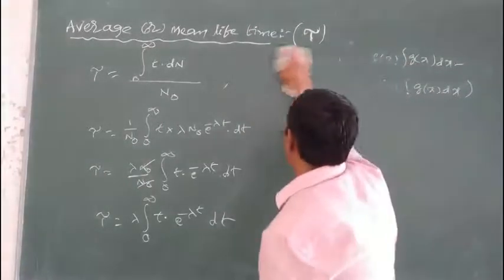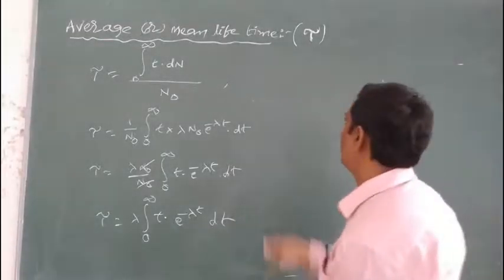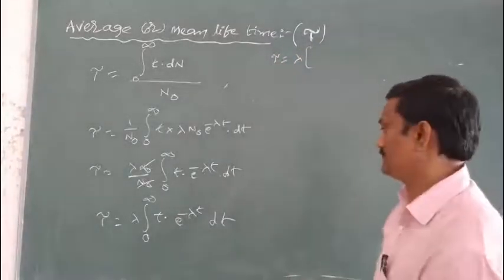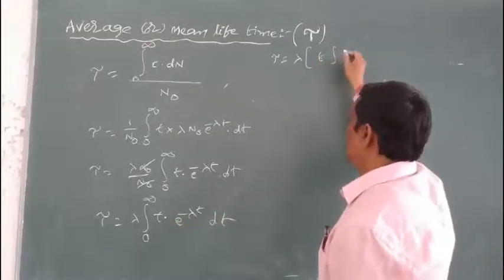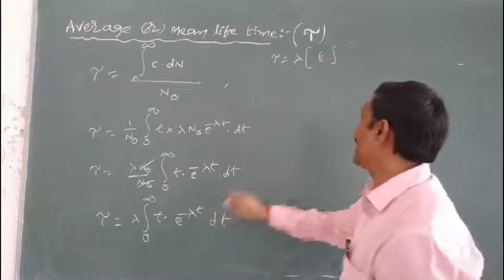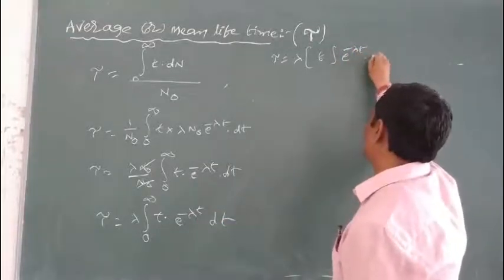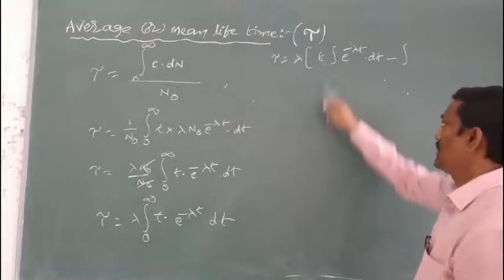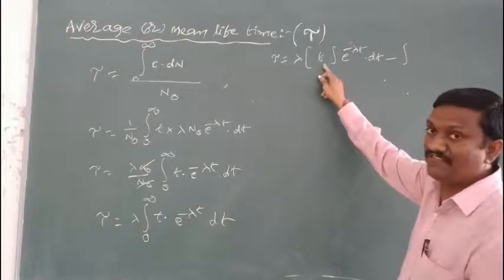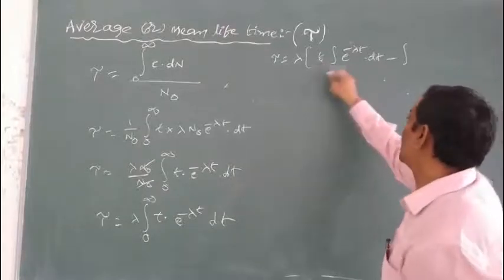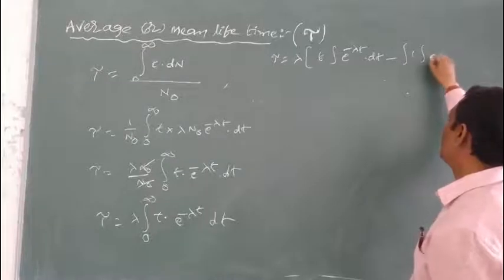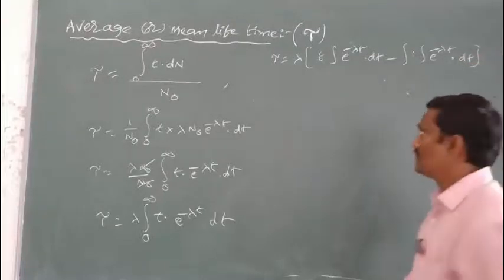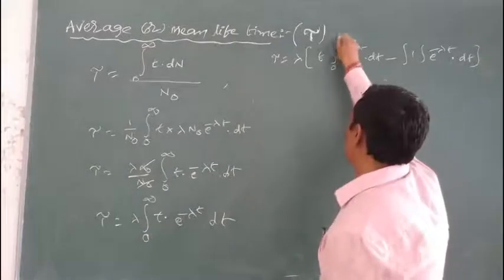So the average lifetime or mean lifetime tau is equal to lambda into the first function f(x), t, times the integral of g(x), which means e power minus lambda t dt, minus the integral of f'(x), the differentiation of t with respect to t, which is 1, and again the integral of e power minus lambda t dt. Simplify this, with integration limits 0 to infinity.